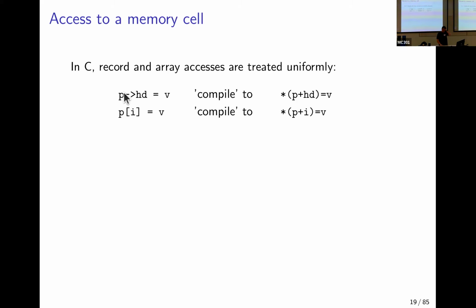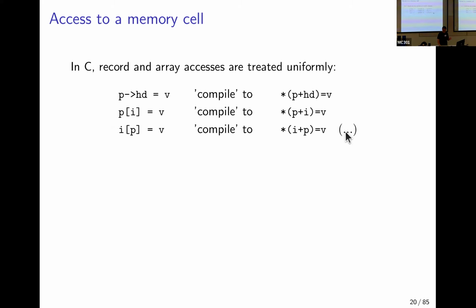Maybe that's fun. When you have P arrow HD is equal to V in C, it compiles to dereferencing P plus HD is equal to V. And it's the same when you do P[I] is equal to V. It compiles to P plus I, take the cell at this point is equal to V, which means that you can also do the opposite. You can do I[P], which is a bit ridiculous, but it's the same.